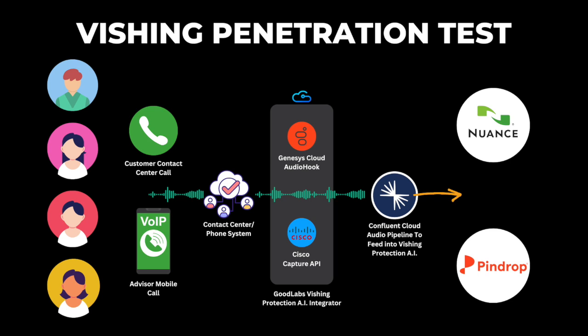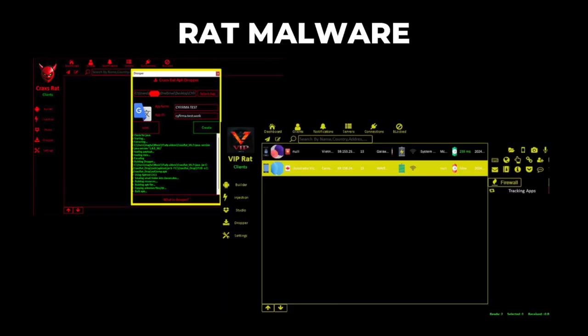Hence why it's very important to deploy voice biometric detection, and more importantly, understand the effectiveness of how well they perform. To conclude here, the message that we're trying to get across is very simple. Attack vectors like remote access Trojans continue to advance with easier deployment and sophisticated code.